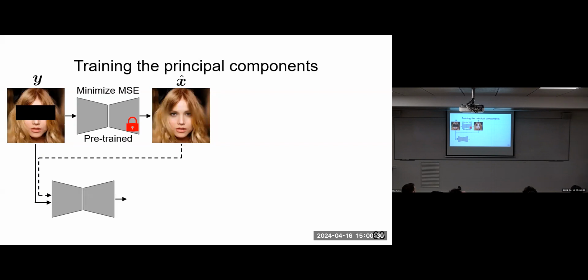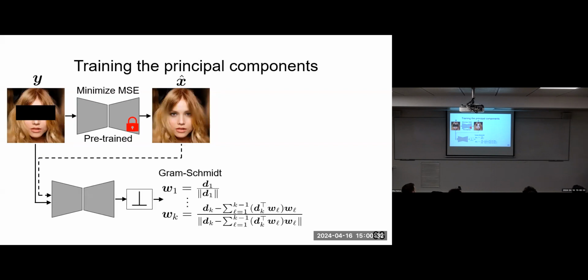We change the number of output images to be K, to accommodate K principal components. And then this output is fed into a Gram-Schmidt procedure that maintains their orthogonality by construction, right? So the network is outputting orthogonal principal components.